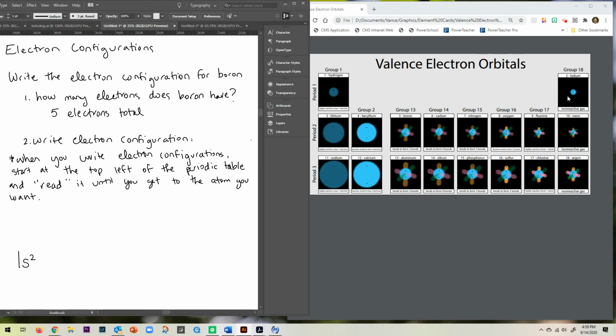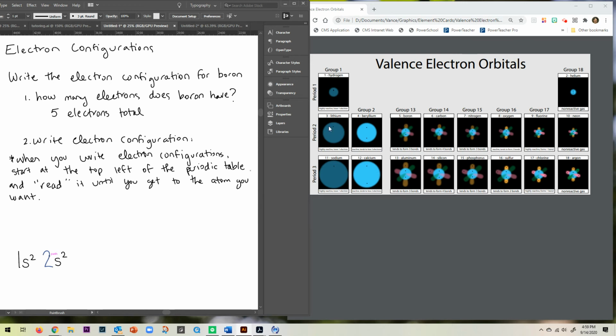Let me keep reading. So now I'm in the second energy level. So I would write a 2. And the first thing that gets filled is my s orbital, right? And so I would write s. And if I keep going, how many electrons end up in my s orbital? Well, only 2 can, because there's just one s orbital. So I'd write 2. And then I'm not done yet. Now I get to the p orbitals.